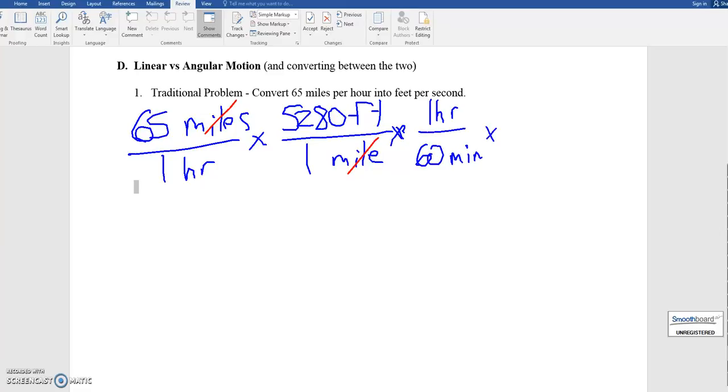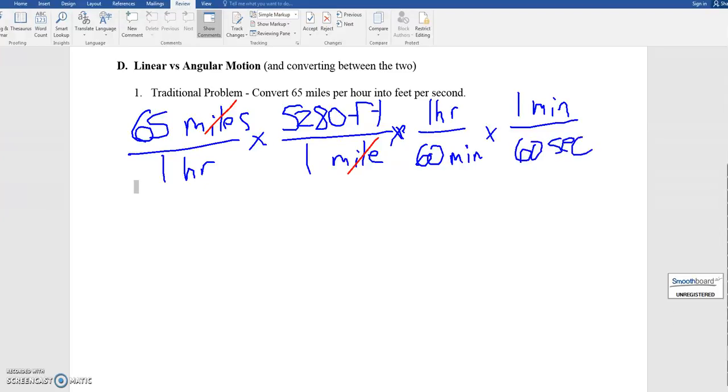And then I also know that in 1 minute there are 60 seconds. And the reason I order them this way is that I now have minutes on top and bottom. I have hours on top and on bottom. Okay, so that will cancel off.